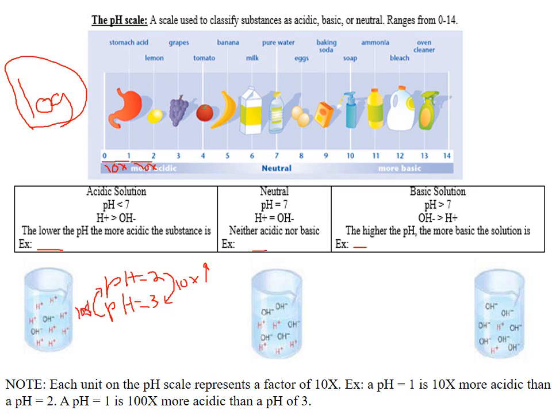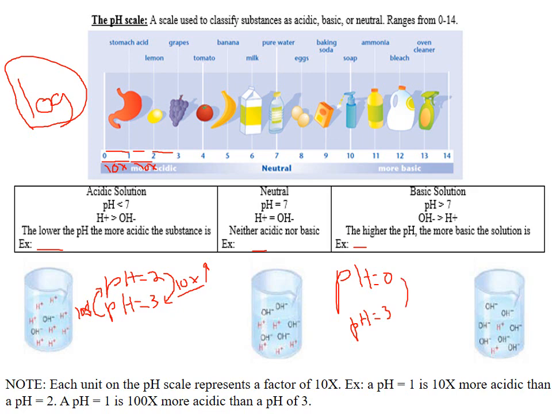You could also say the pH of 2 has 10 times more hydrogen ions. The pH of 3 has 10 times less hydrogen ions in terms of its concentration. So to see how many times more or less acidic something is, you simply do 10 to the power of their difference. So if I had something with a pH of, let's say, 0, and something with a pH of 3, well, I have a difference of 1, 2, 3.